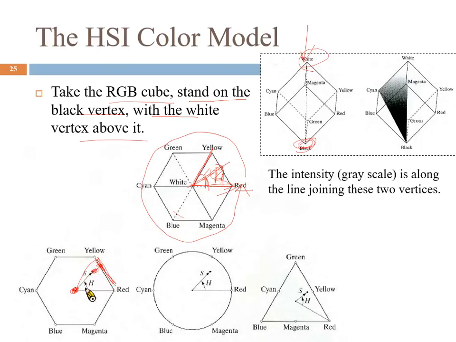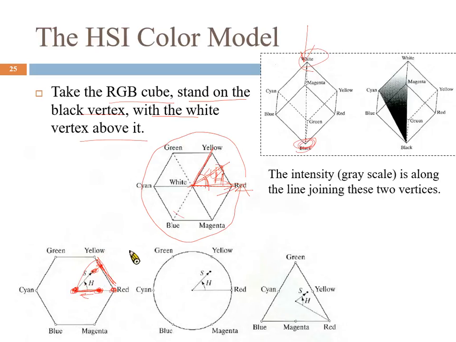For example, this point is pure red. This point is not so pure red, so that would be pink, because it's closer to the white. So the distance between the white and a specific color defines the saturation value.